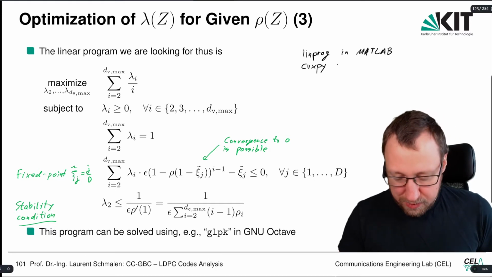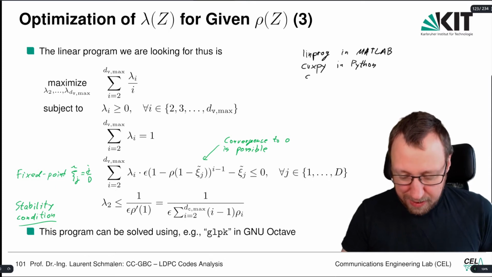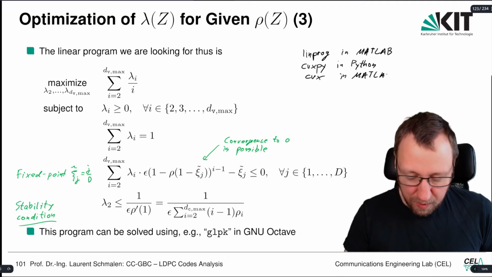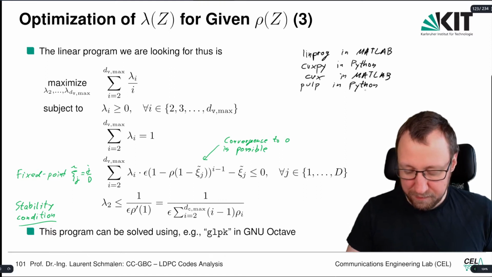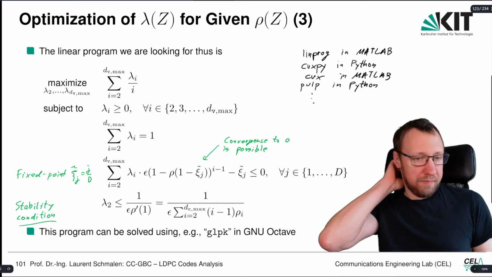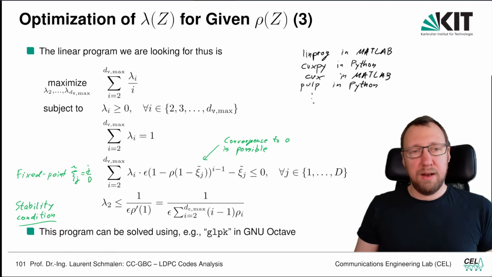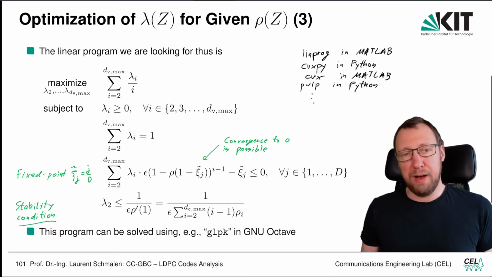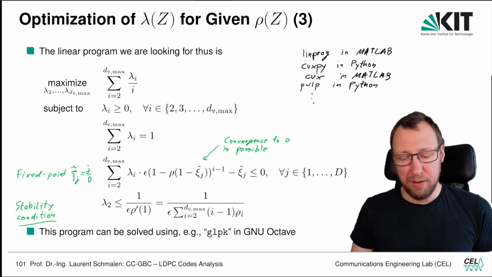You can use CVX in MATLAB, or you can use PuLP in Python, and many more. When you do this, we can solve this program, and for a given rho of x, we can find the best possible lambda of x.